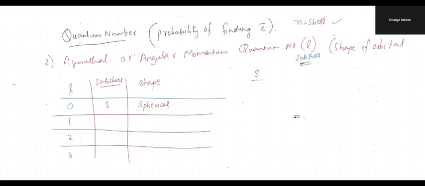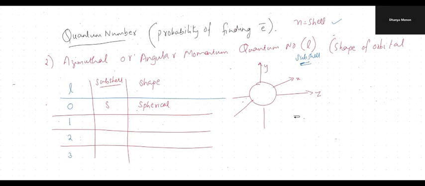So we have the s orbital, and here I'm just marking the dimensions: this is Z, this is X, and this is Y. Either way you can show the dimension.